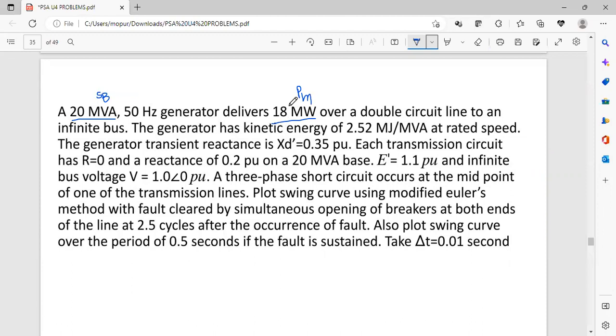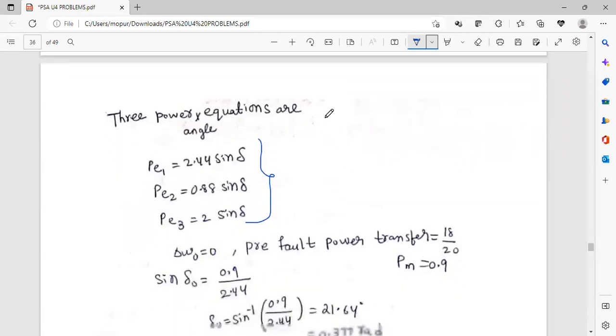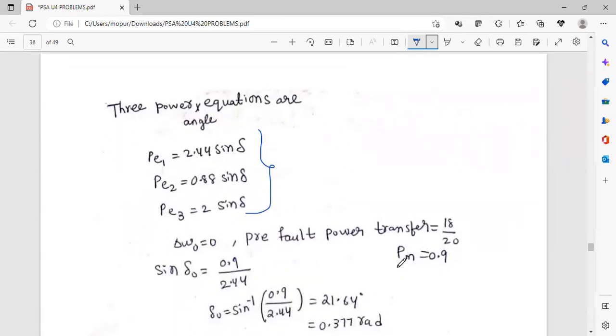Since they had given it in megawatt, you should convert. Here they had given a 20 MVA base. So you should divide this 18 by the 20. You will get mechanical power equal to 0.9.